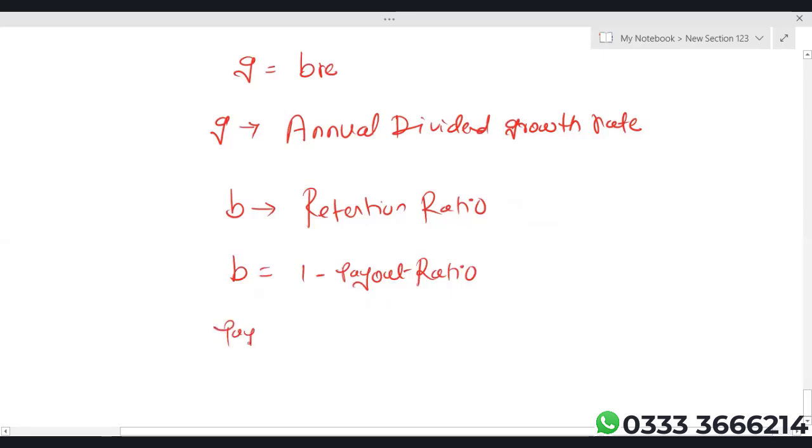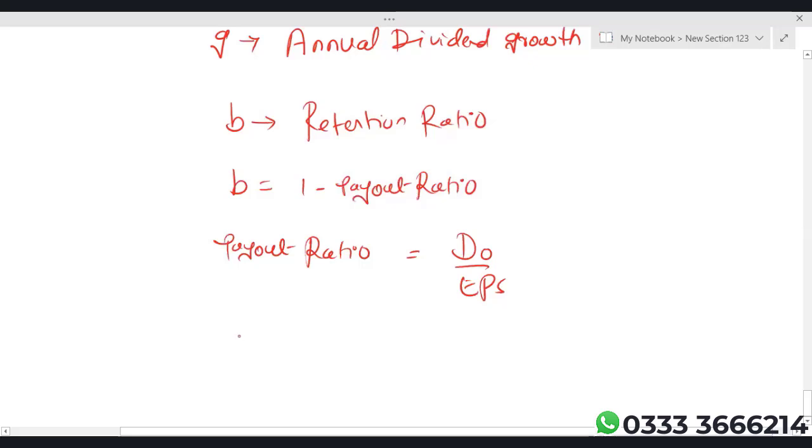How do we calculate payout ratio? D naught upon EPS. Obviously, entities pay in the form of dividend out of their earnings. So dividend per share divided by earning per share. Calculating EPS in financial management is very easy as compared to FR.